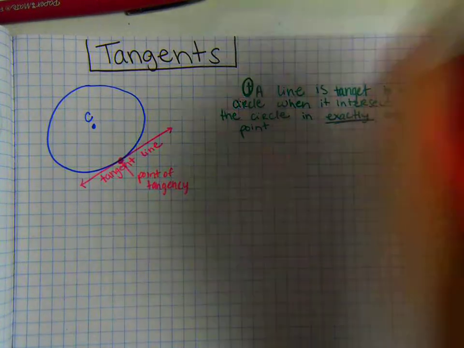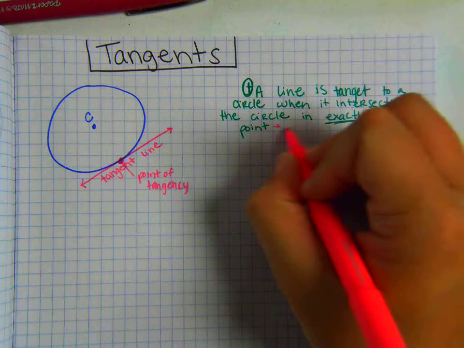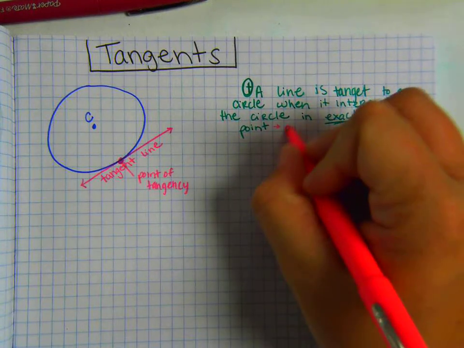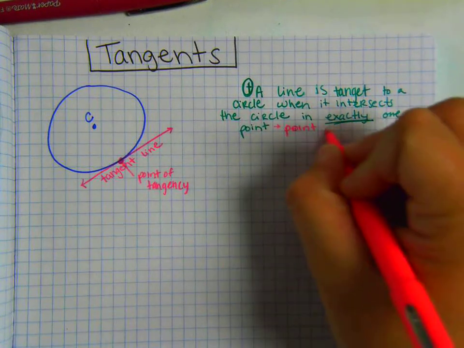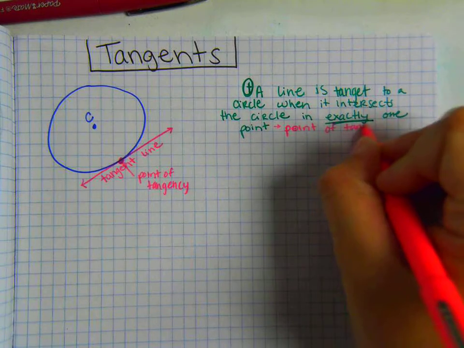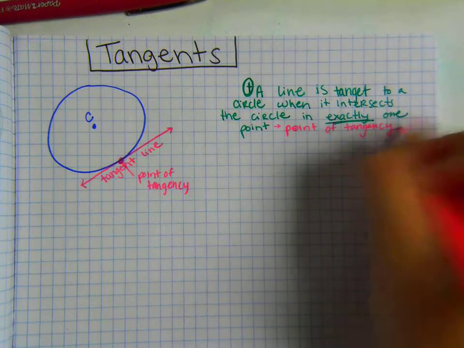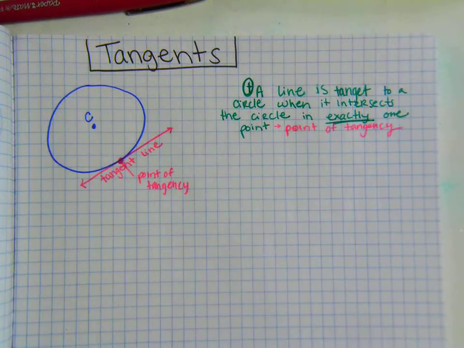And that point is called the point of tangency, like we already said. Okay, so we have a line is tangent to a circle when it intersects a circle in exactly one point, and that point is the point of tangency. Okay.